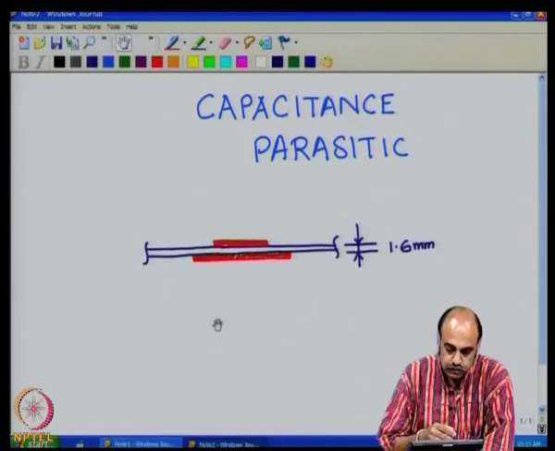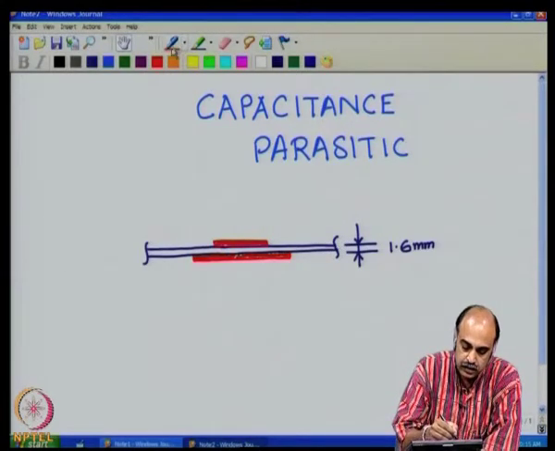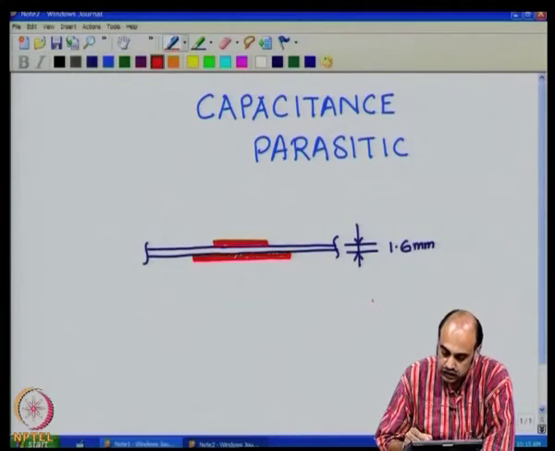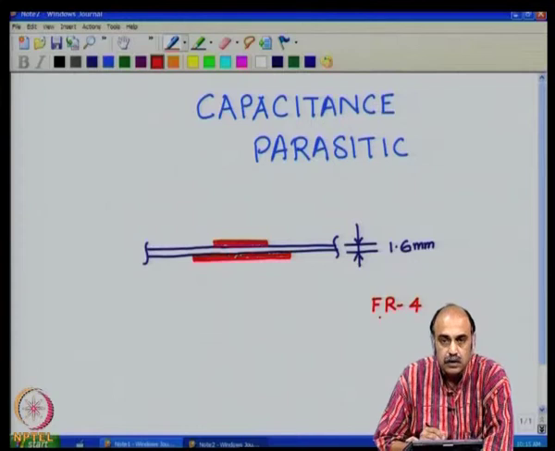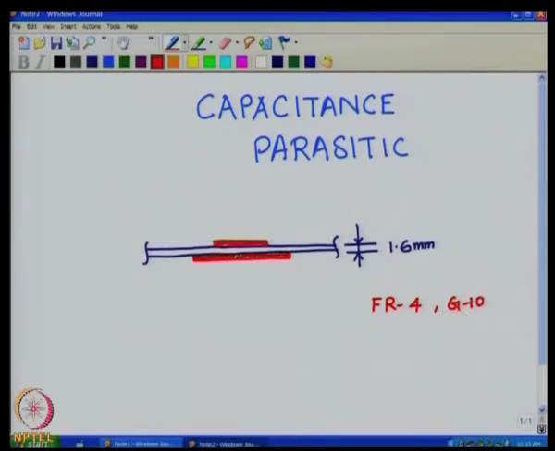For most of the printed wiring board materials, for example the FR4 type or even the G10 type of boards, you have an epsilon r, the relative dielectric constant, of the order of around 5.4.